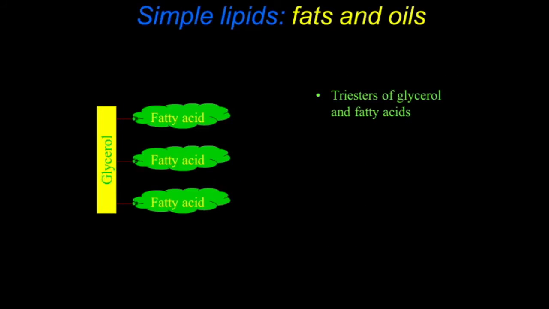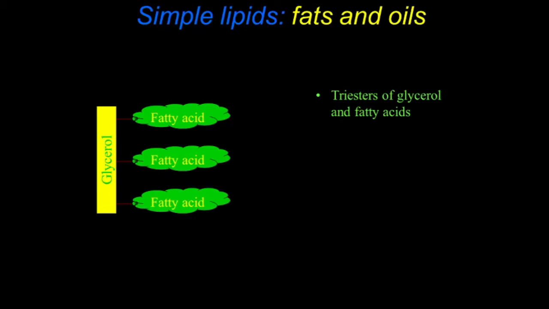Simple lipids are triglycerides or esters of glycerol and fatty acids. Triglycerides are the most common lipid materials. Also, mono- and diglycerides are not infrequent. Triglycerides are complex mixtures. Some molecules contain three identical fatty acids.